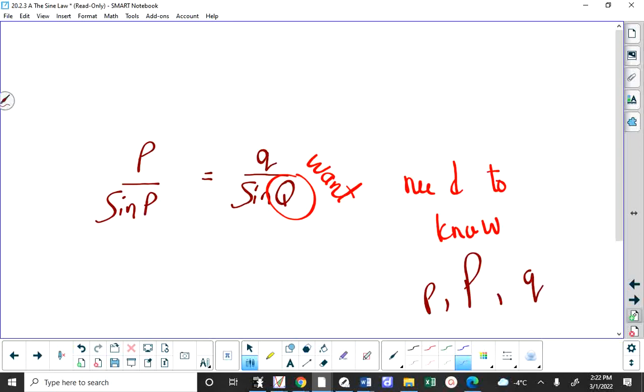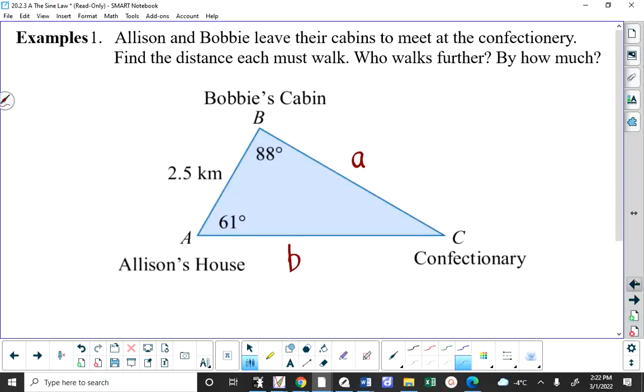You cannot use the sine law unless you know a corresponding side and angle pair to put in there. You have to know P and P or Q and Q to use the sine law in this example. So the only way you can use the sine law here, since this is the only side you know, is if you know that angle. You need a pair. You need a side and the corresponding angle.